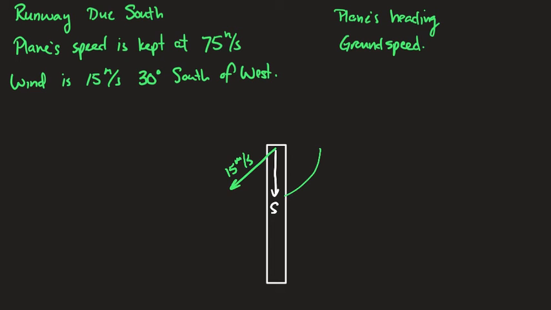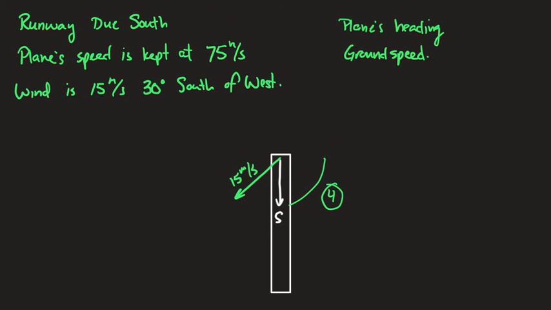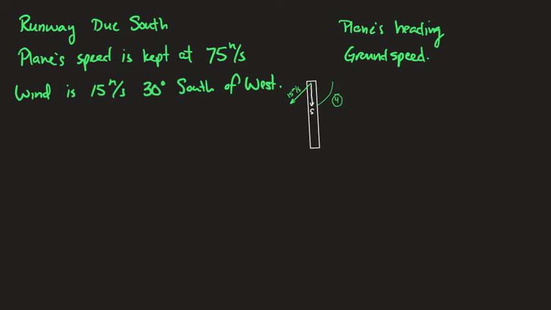So that gives us a start that the plane's going to be somewhere in the fourth quadrant. That's probably a good place to begin.